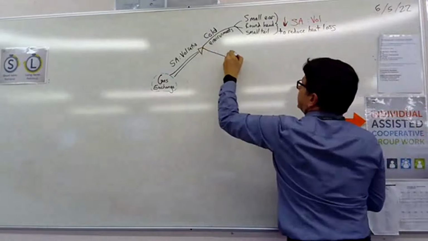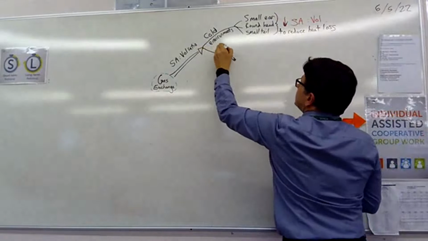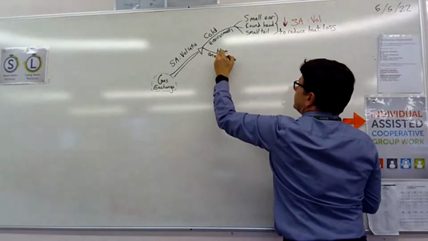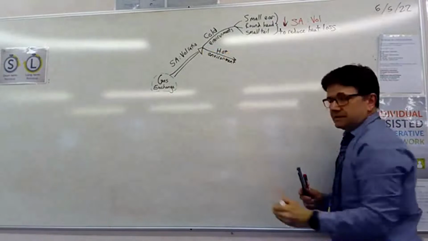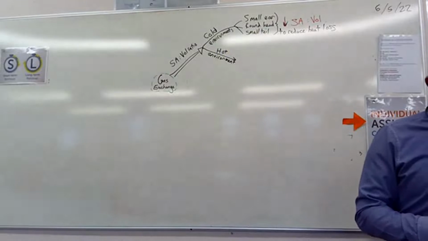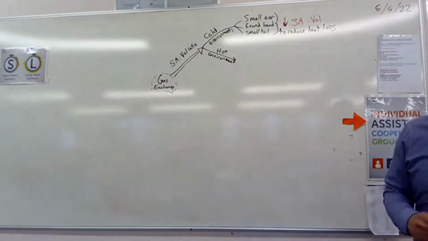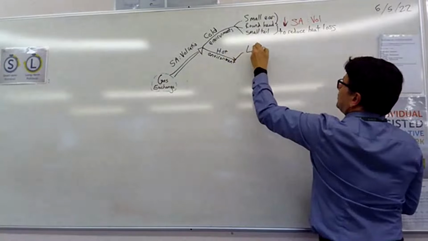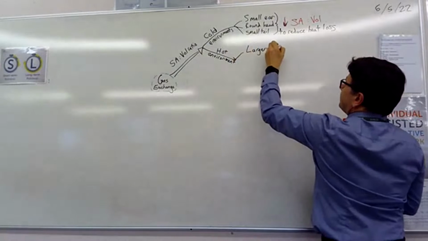Okay, conversely, in a hot environment, what kind of features? Yeah. Big ears, larger, longer ears, yeah.